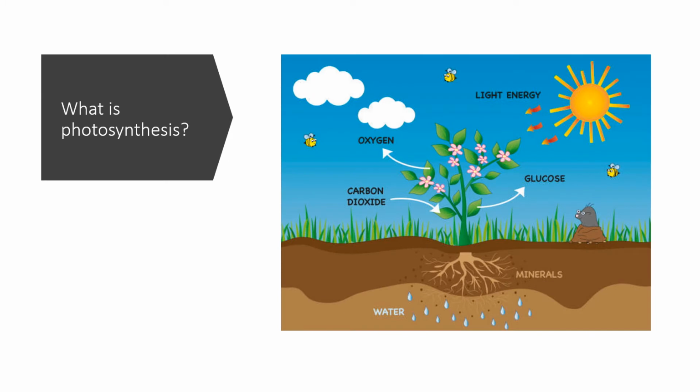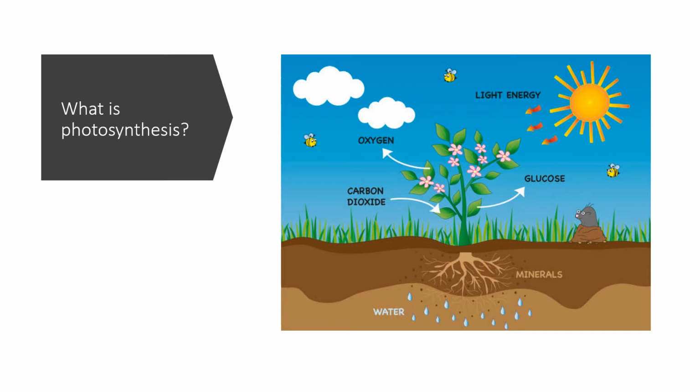What is photosynthesis? Photosynthesis is a process that all plants follow to change the energy from the sun, the carbon dioxide, water, and minerals into glucose and oxygen.